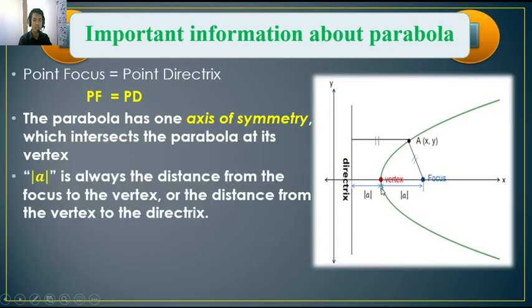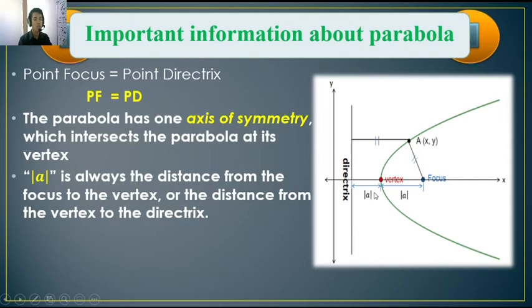And then we have also the absolute a. It is always the distance from the focus to the vertex or the distance from the vertex to the directrix. So if you want to find the distance from the focus to the vertex, that is equal to a, or from the vertex to the directrix, that is also equal to a.